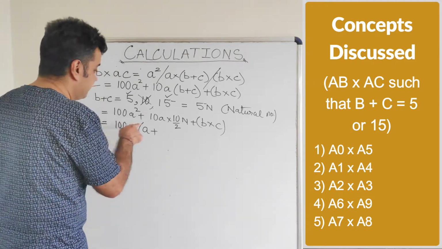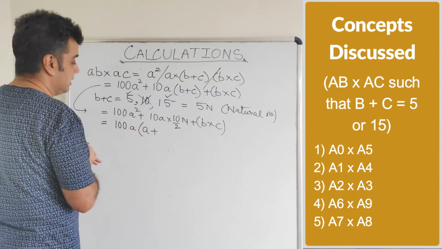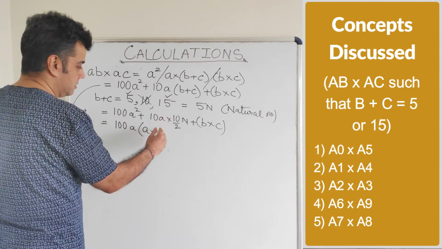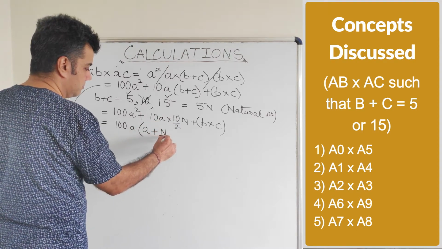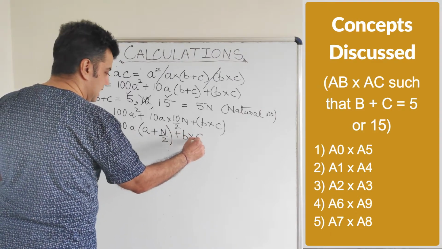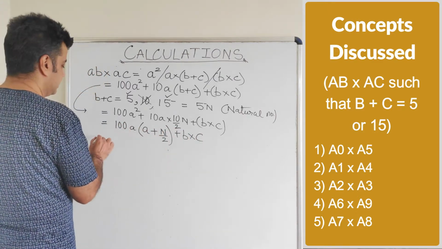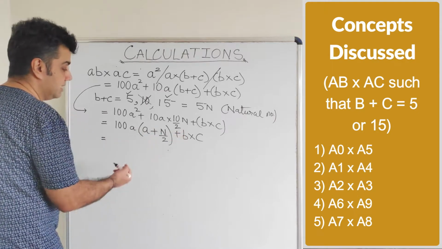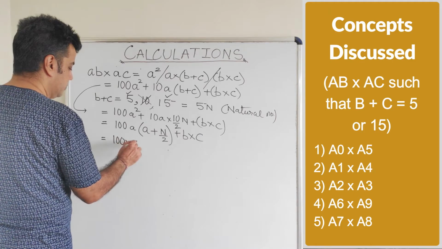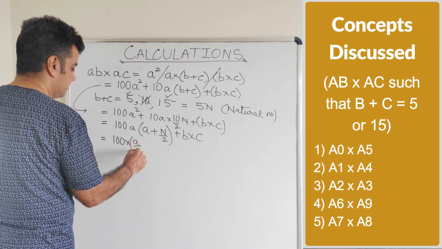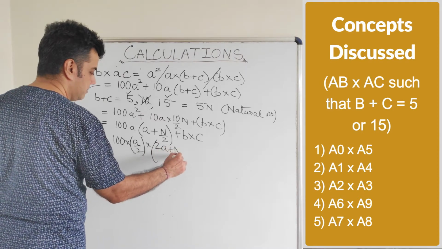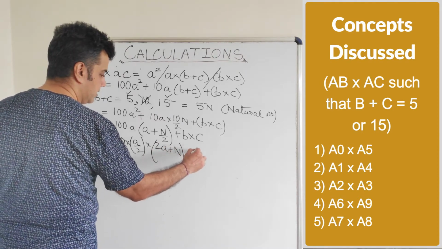When I have taken 100a as common, I am going to get a plus n by 2 followed by b cross c. Another way of writing the same, when I take the LCM, is that this can be written as 100 into a by 2 multiplied with 2a plus n, followed by b cross c.